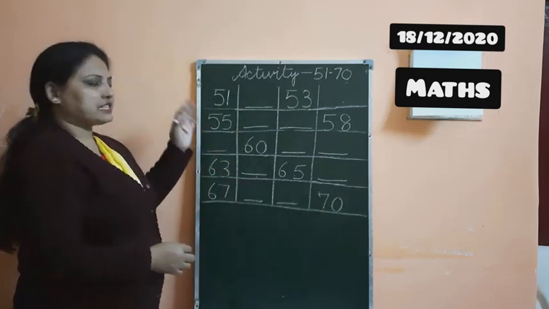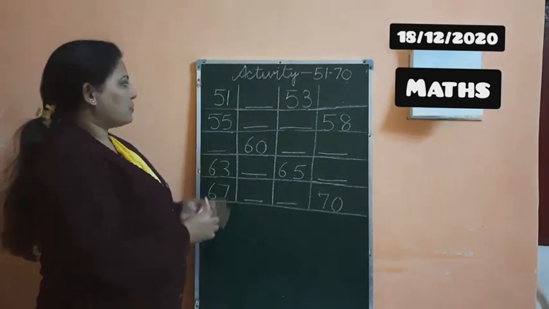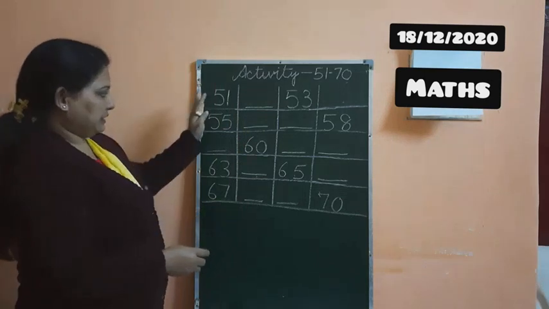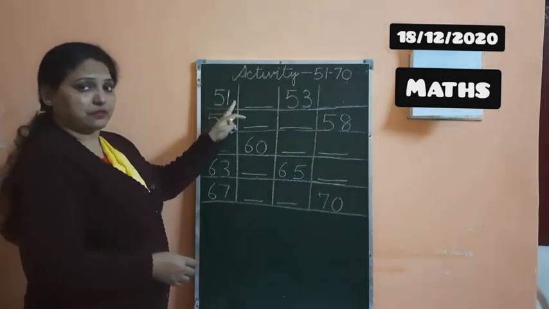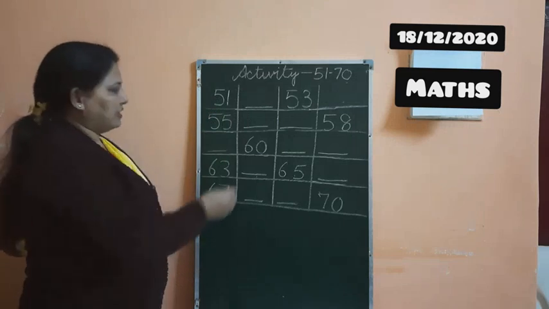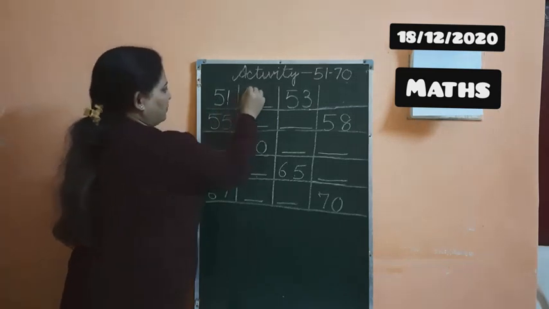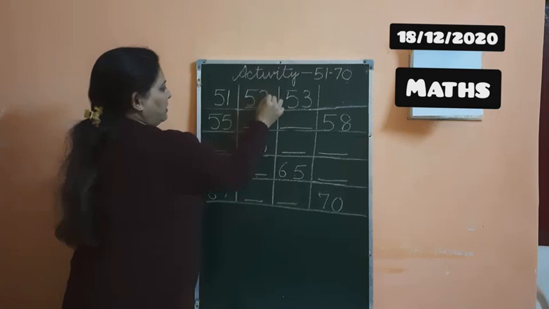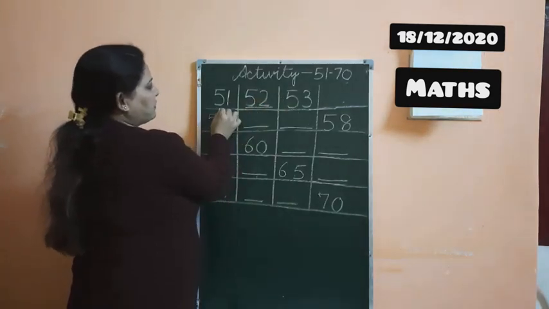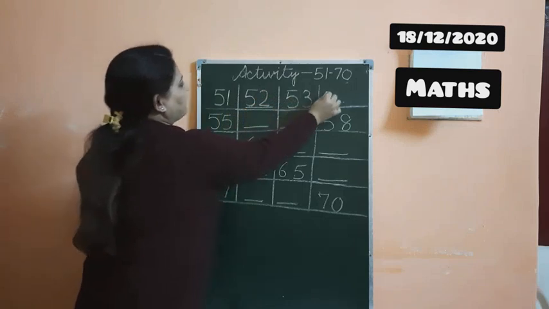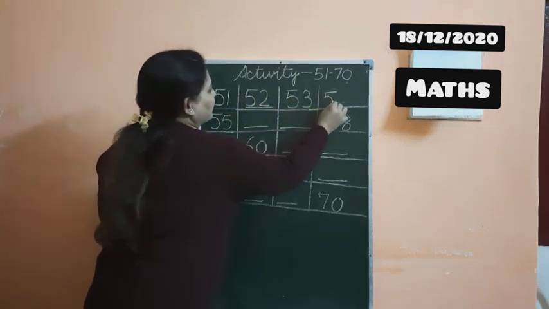Now we will do this activity. You have to tell the number after 51. After 51 which number will come? Yes, 52. 51, 52, 53, 54.